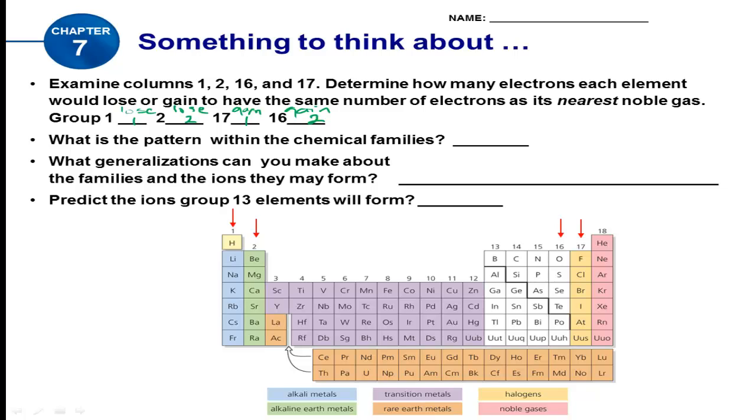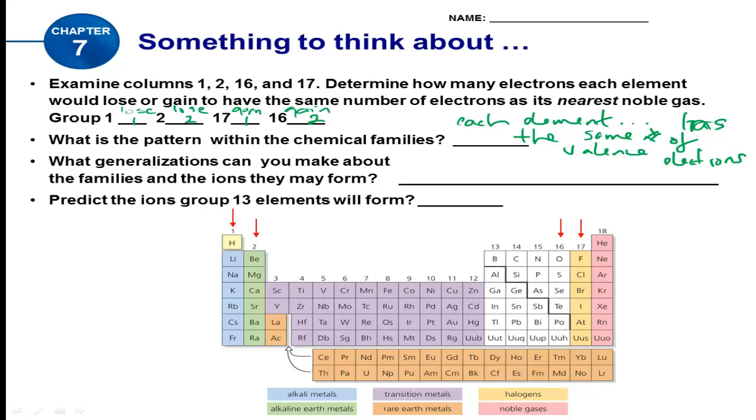So what is the pattern within chemical families? Here it is. Each element within a family has the same number of valence electrons. I can't write this all on there, but I'll get part of it. Each element in a family has the same number of valence electrons.